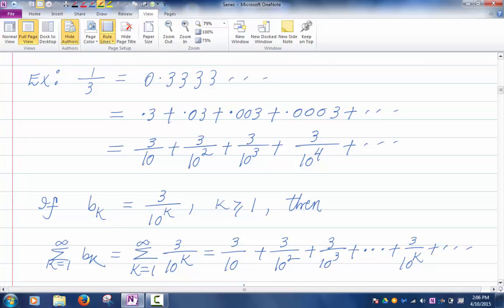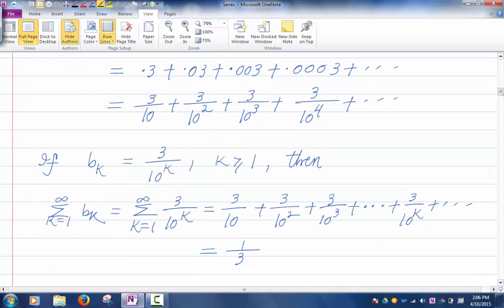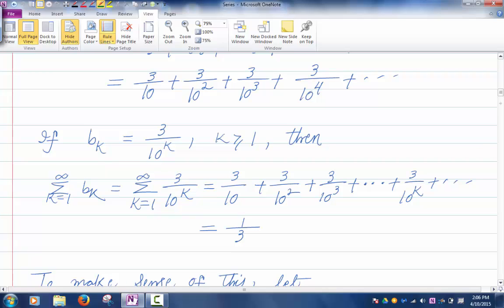So if I take b_k to be the sequence given by 3 over 10 to the k, where k is larger than 1, then the summation k going from 1 to infinity of b_k is the same as the summation k going from 1 to infinity of 3 over 10 to the k, which is 3 over 10 plus 3 over 10 squared, and so on.